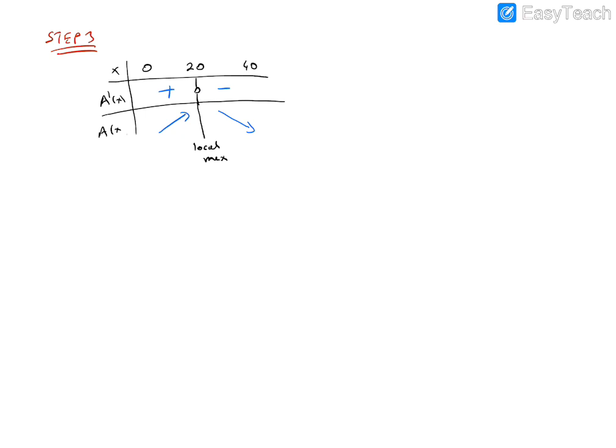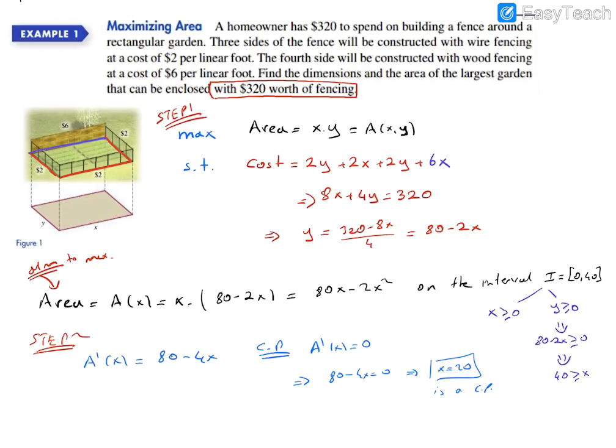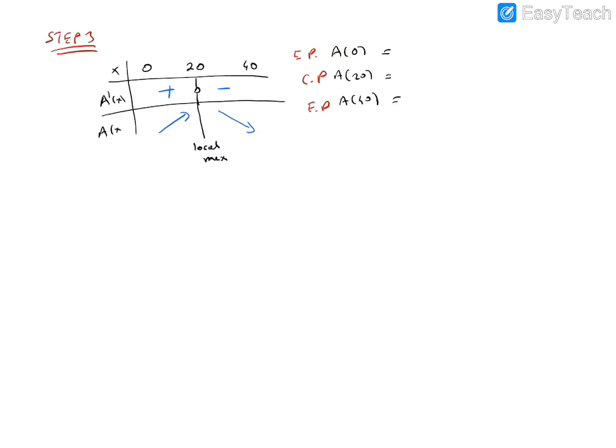But on the closed interval, by observing A of 0, A of 20, and A of 40, here 0 is an endpoint, 40 is an endpoint, and 20 is the critical point. So A of 0 from the function 80x minus 2x squared is, for x equals 0, 0.